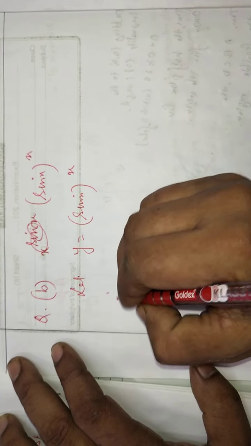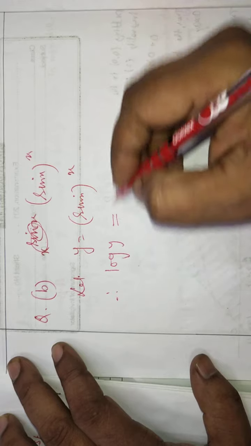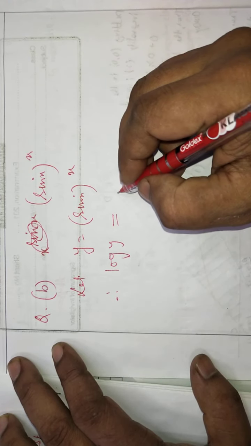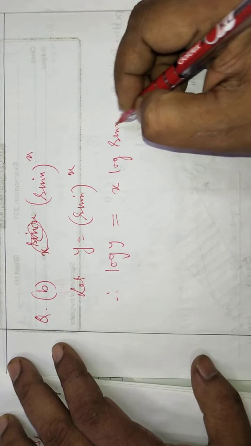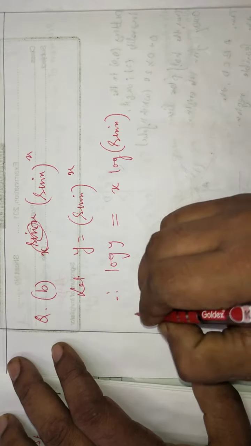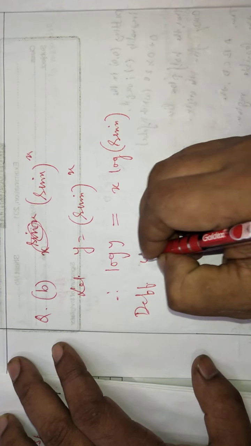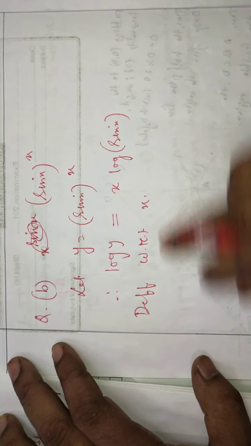So your first step is taking log. You have to write the statement. Log y is equal to what? After taking log, it will be x into log sine x.